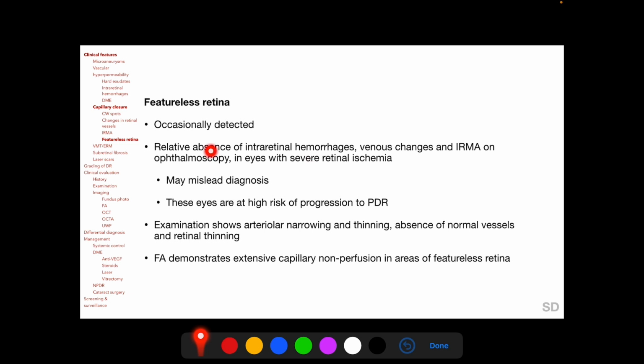This relative absence of clinical features of diabetic retinopathy may mislead diagnosis, and these eyes, because of the underlying severe retinal ischemia, are at high risk of progression to proliferative diabetic retinopathy. But examination does show arteriolar narrowing and thinning and absence of normal vessels, and OCT examination reveals retinal thinning in these cases. Fluorescein angiography in these eyes demonstrates extensive capillary non-perfusion.